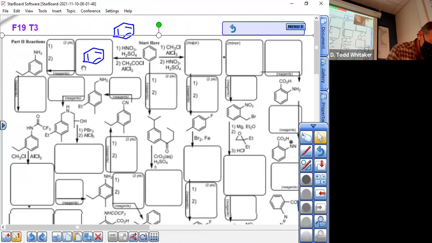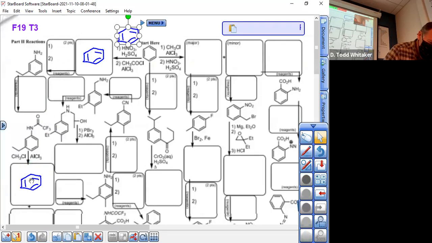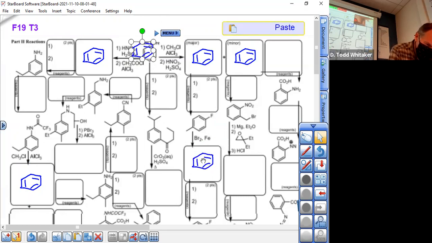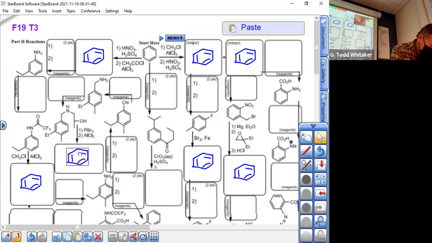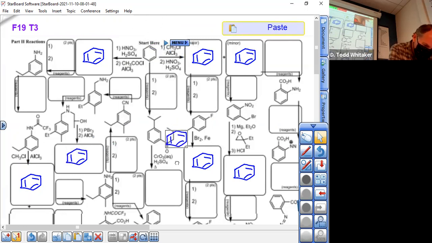Oh, not my intention. Everywhere we're going to still have a benzene. And one more just for good measure.